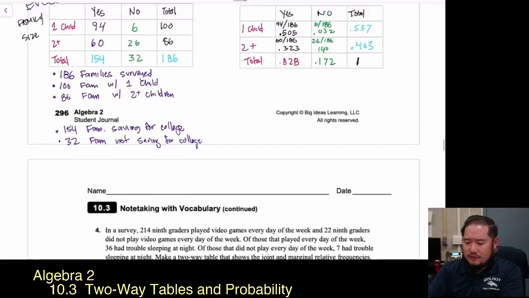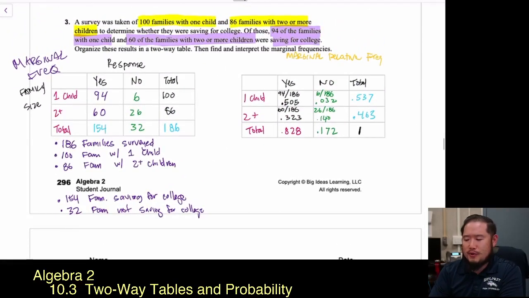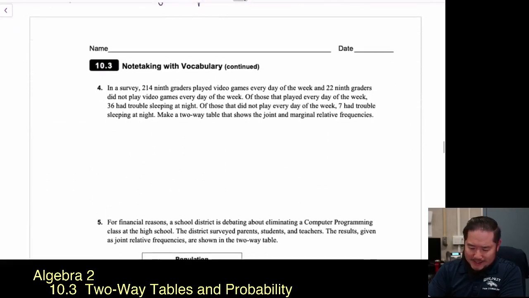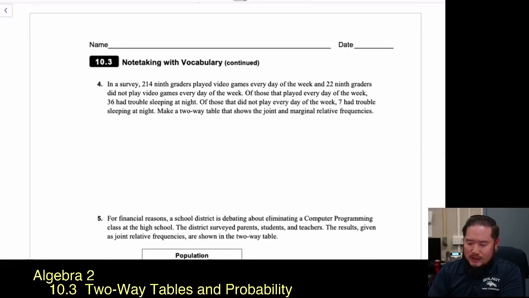Because of number 3 right here, doing both marginal frequency and marginal relative frequency, we can skip number 4, because they're asking you to find the marginal relative frequency there. So let's go ahead and skip that.